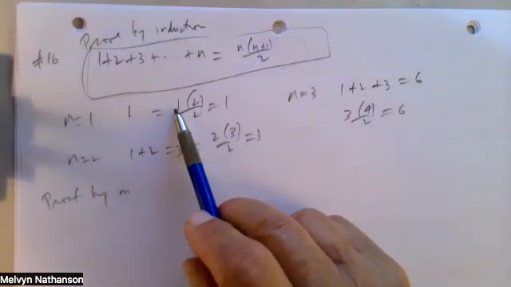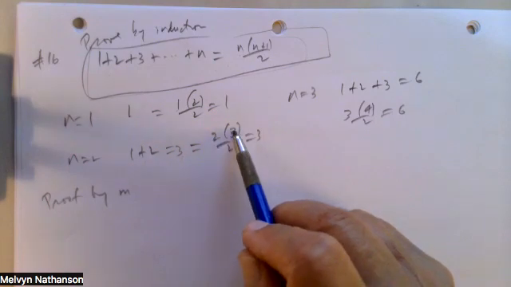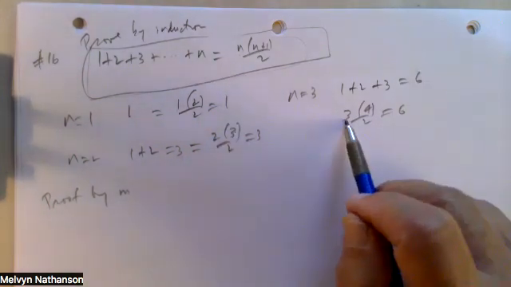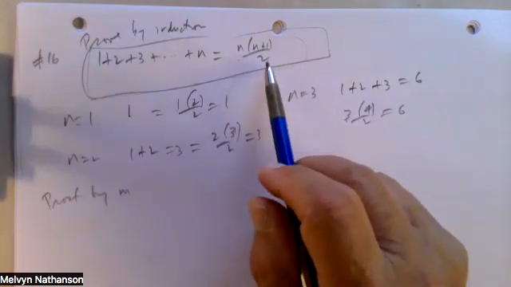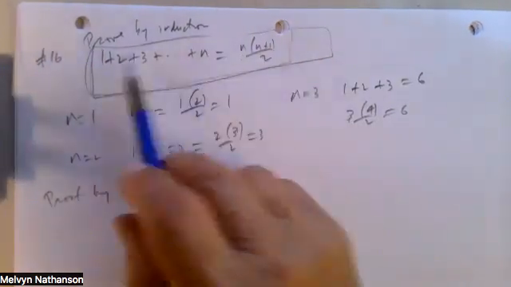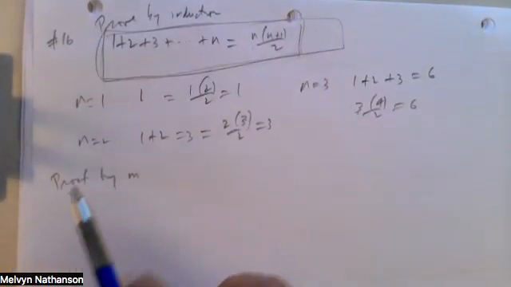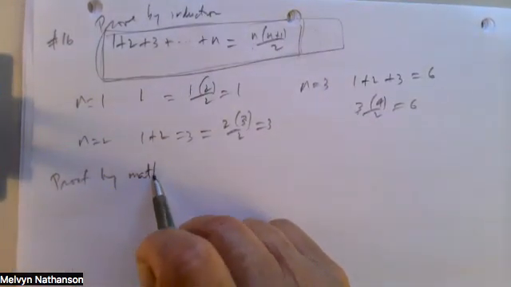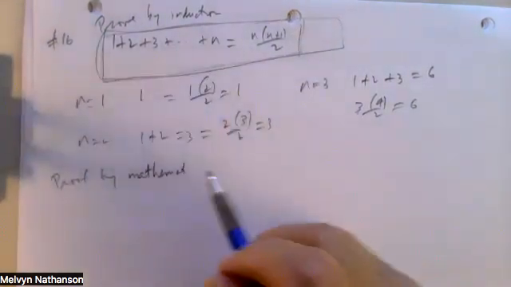So if n is 1, n plus 1 is 2. If n is 2, n plus 1 is 3. If n is 3, n plus 1 is 4. n times n plus 1 over 2. That's what you're doing. That's what this formula means.